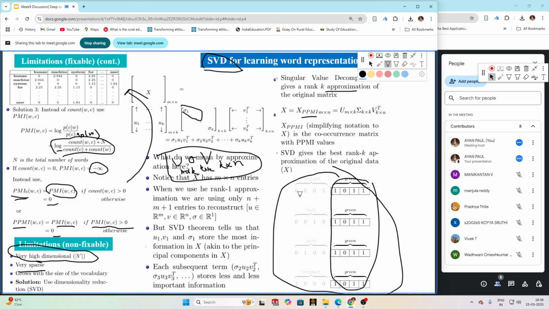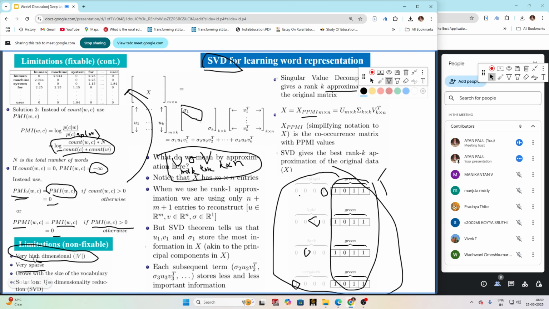But if you want only the most important information, that is green, we can eliminate the other encoding part, because green is the most important thing we are interested in. We are not interested in whether it is light green, dark green, or very dark green. That is the intuition of using SVD.